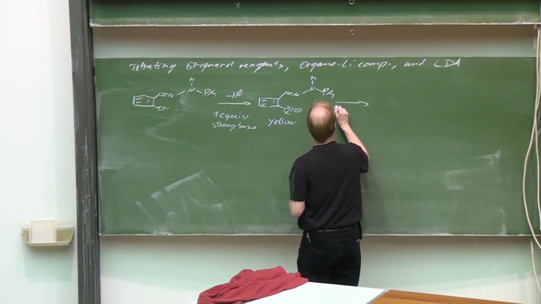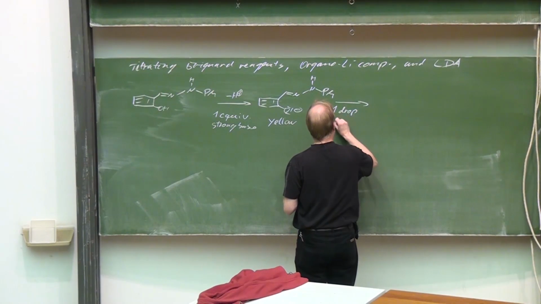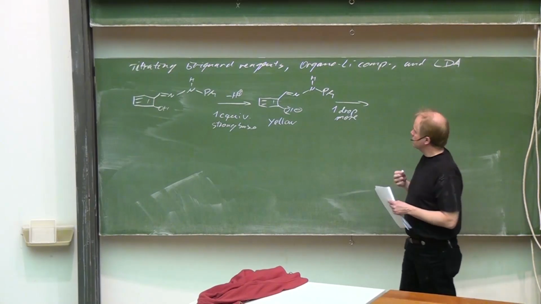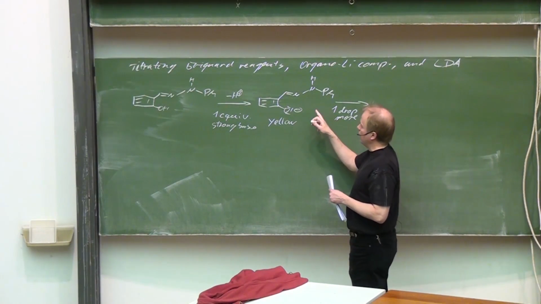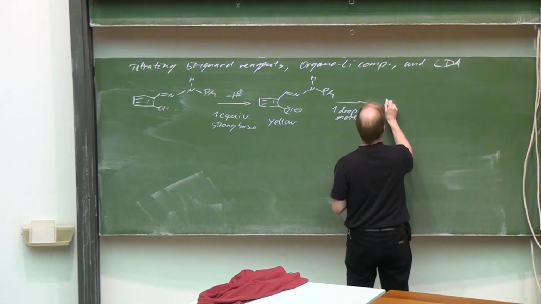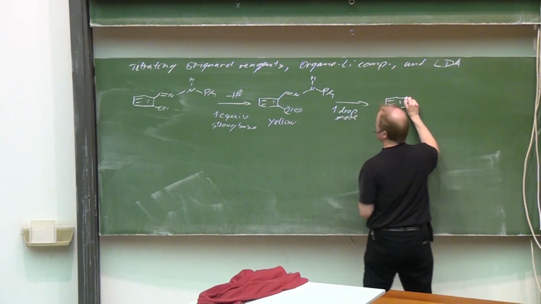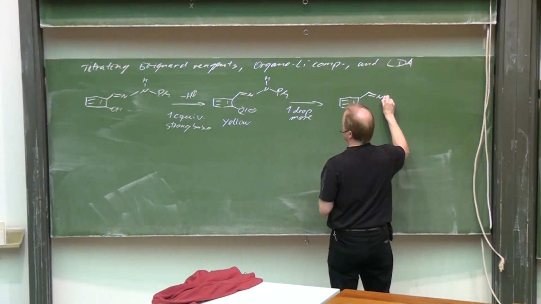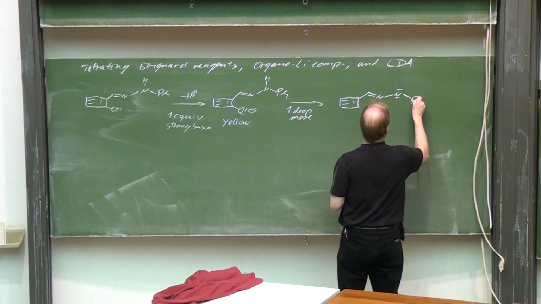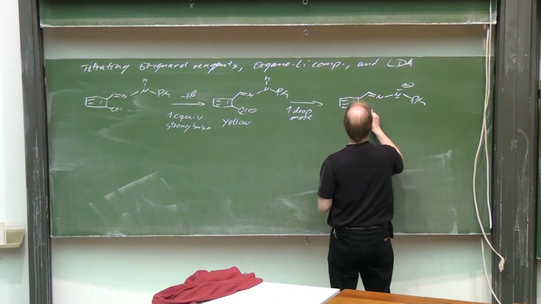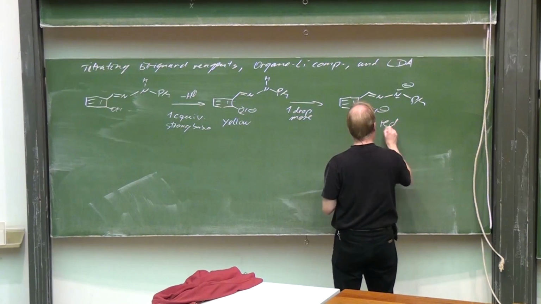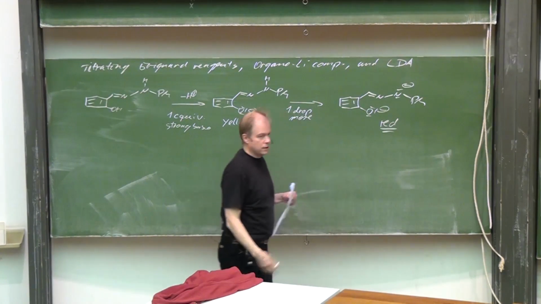So, one drop more of your strong base will start to produce the dianion. And this has another color, it turns red.